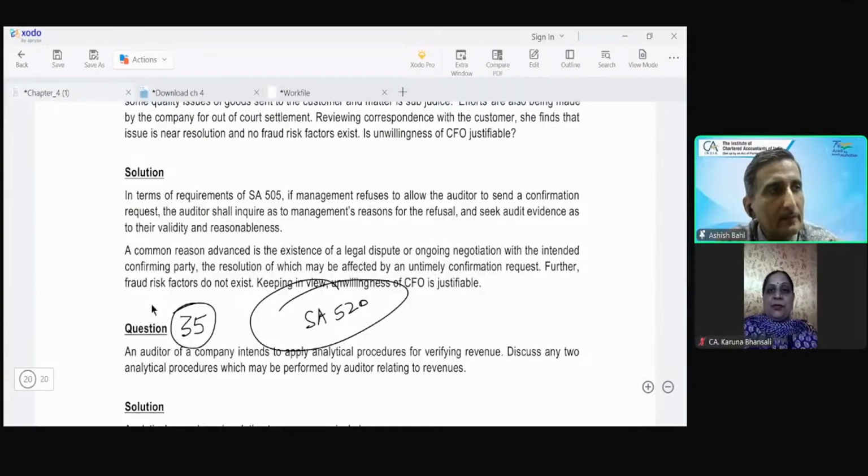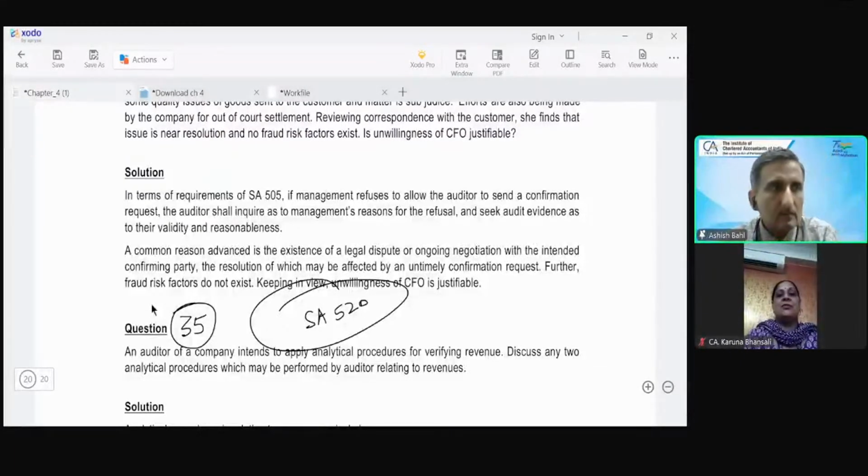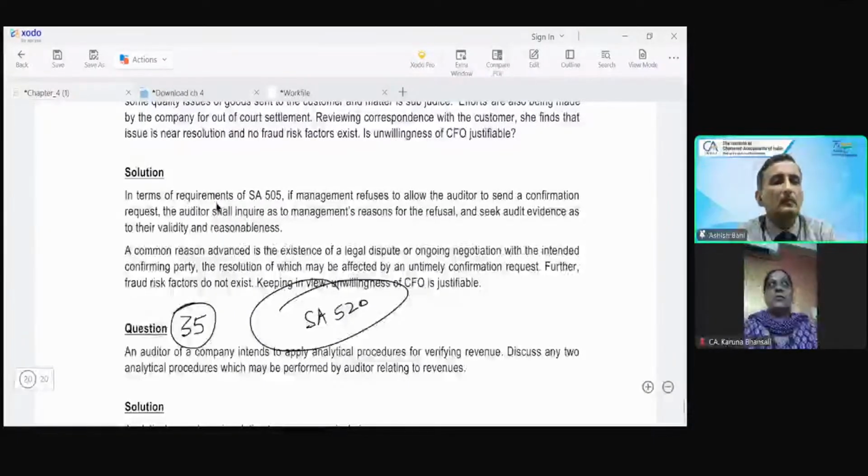Yes, Ms. Mansoori. Yes, anybody? Yes, inspect the inventory.